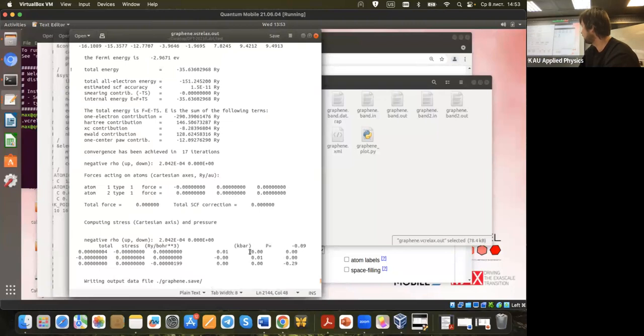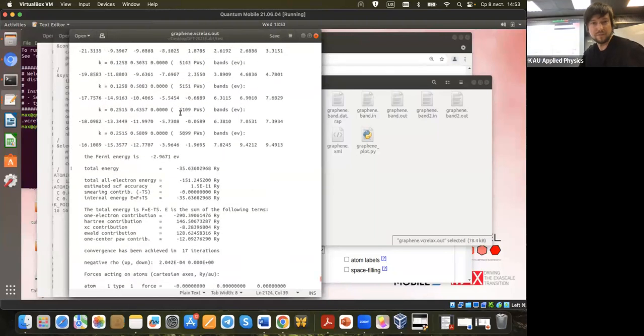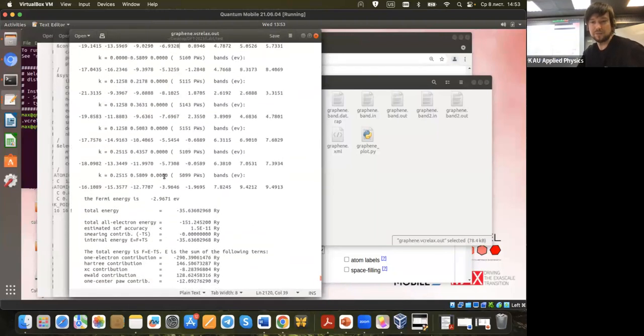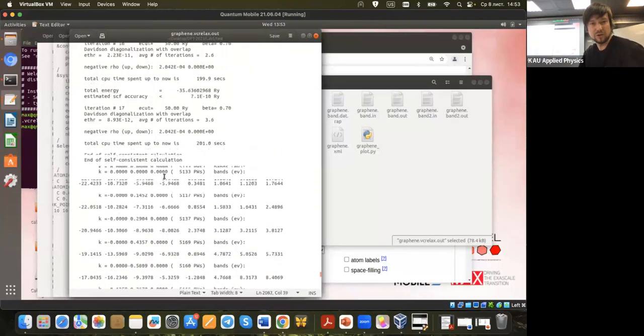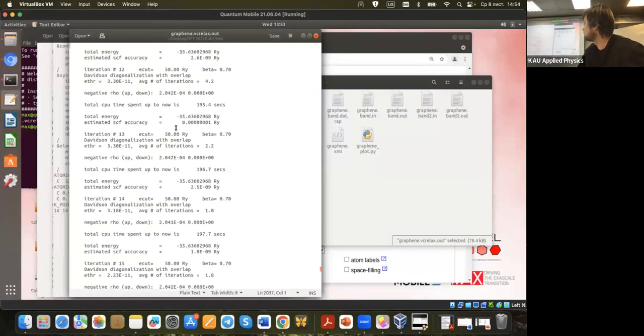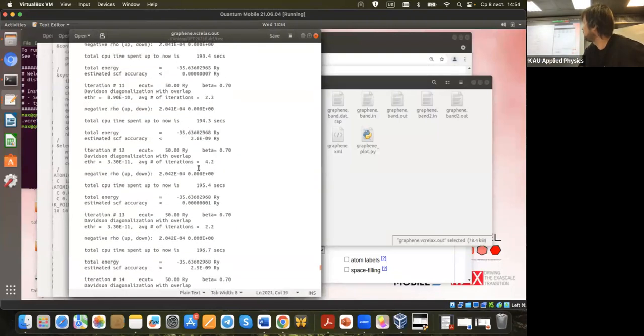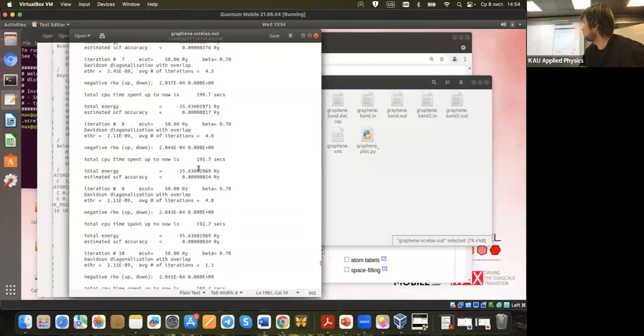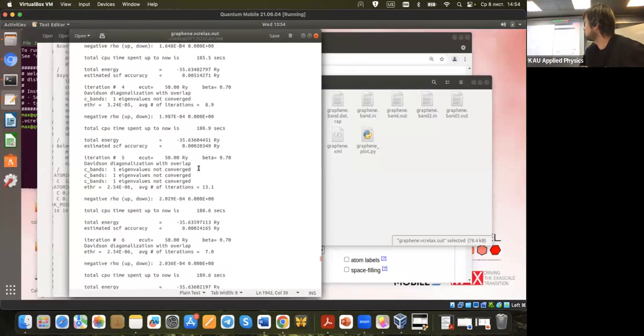You see, we have here this kilobar, so we have almost 0 pressure, we have 0 forces, so we have made all correctly. Fermi energy, but we don't need it now. This is the last SCF calculation, and we should go before this last SCF calculation to find the parameters for this calculation.